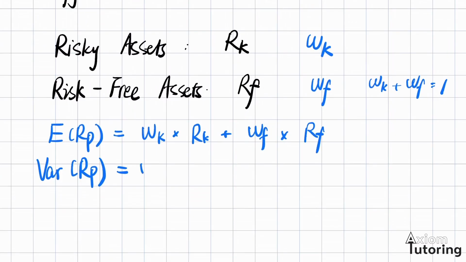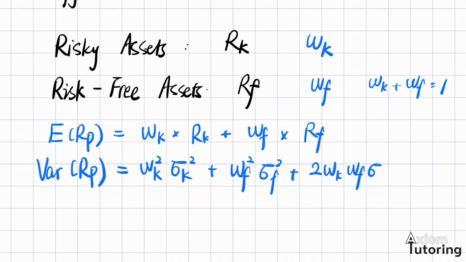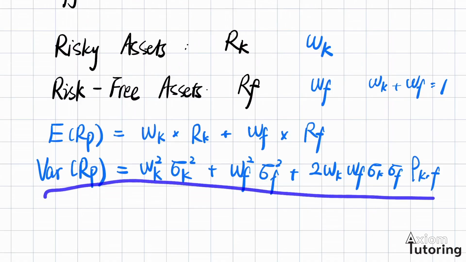So we'll use WK squared sigma K squared plus WF squared sigma F squared plus 2 times WK, WF, sigma K, sigma F, and rho KF. Okay, so let's take a look at this.